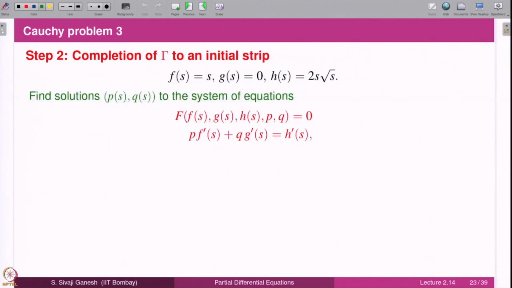Now, we need to do this extension. So, always concentrate on this, p f prime is 1 plus q into g prime is 0, so do not even write, equal to 2s root s derivative with respect to s.